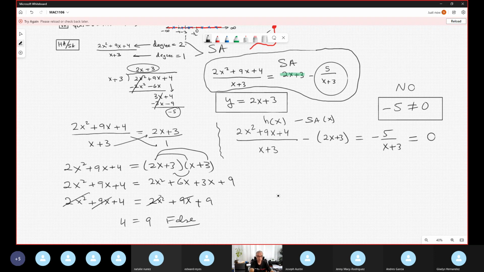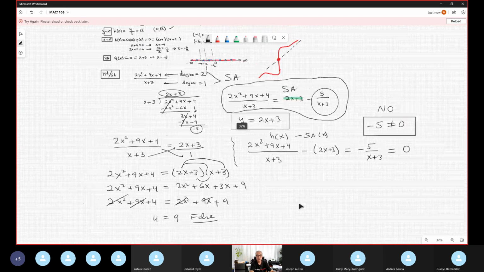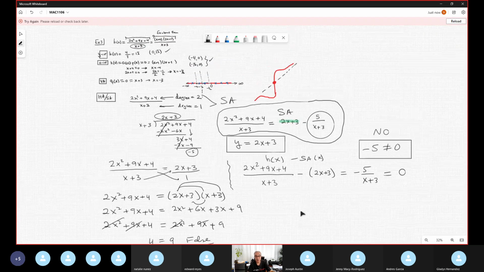In algebra, when you set something up and when you try to solve it and you get a contradiction, it's because this equation has no solution. In conclusion, this value does not exist. So this point does not exist. This point I predicted. No, no, no. Does not exist.